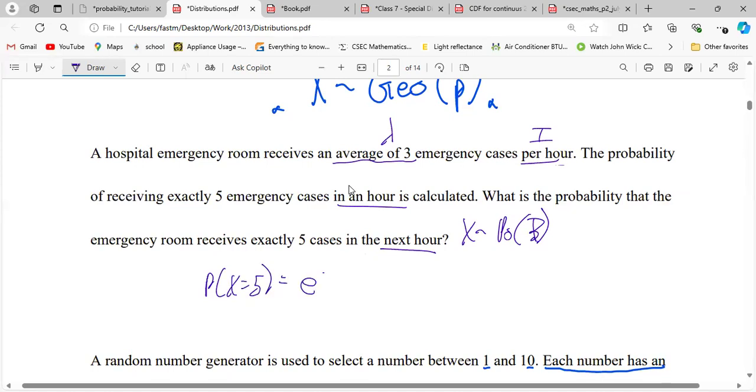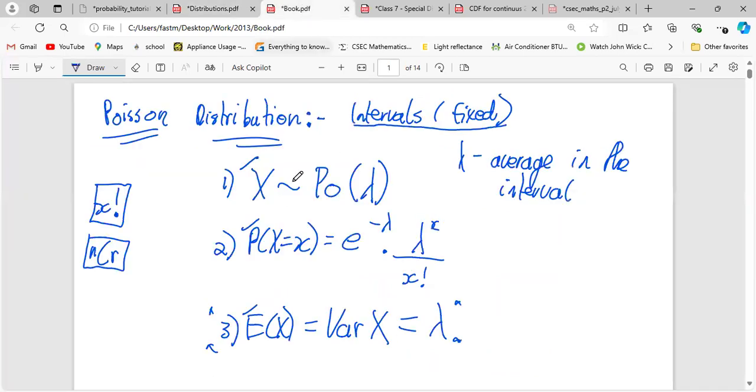Plug it in: e to the minus lambda, times lambda to the x, divided by x factorial. So e to the minus 3, multiplied by 3 to the power 5, divided by 5 factorial. This will be 0.1008. If they ask for the expectation or variance, it's 3. Mind blown. So that is Poisson. We did binomial before.